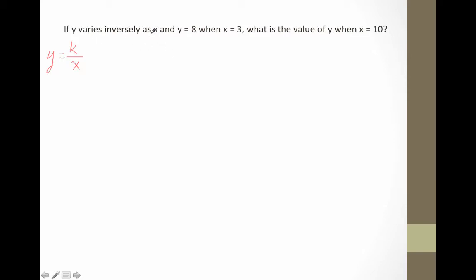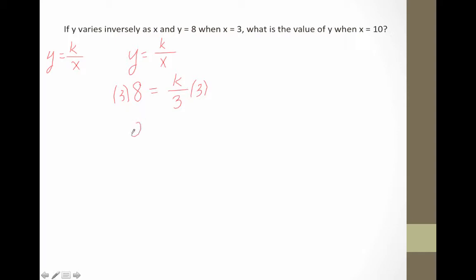Y varies inversely as x, so y varies inversely means y equals k over x. Y equals 8 when x is 3, so we can say 8 equals k over 3, just plugging in x and y. And this time, I've divided by 3, so if I want to undivide, I need to multiply.